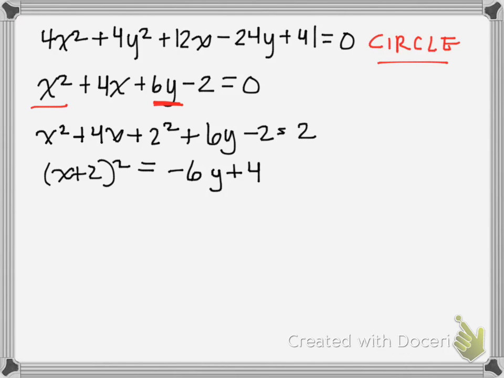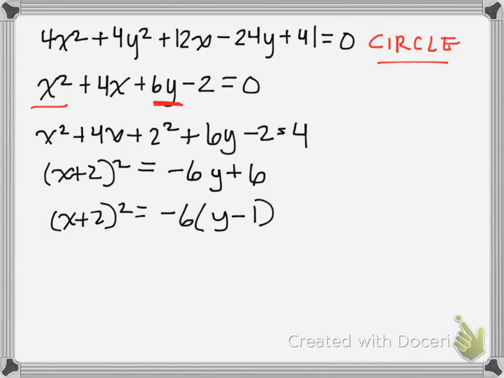And I'm catching an error here. When I added that 4, I only added 2 over here. So I've got to add 4 over there. So there, that's fixed. And then one more operation here, and I will have the vertex. I just have to factor out the -6 there, and then the vertex is the opposite, right? So it's going to be -2, 1 is the vertex.